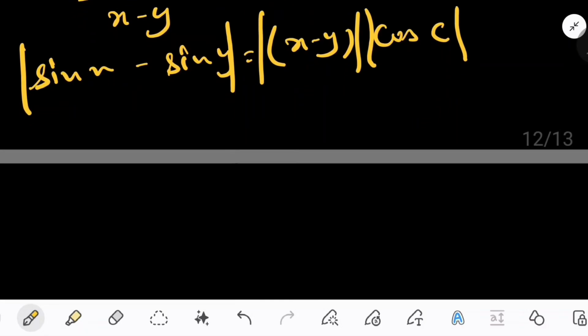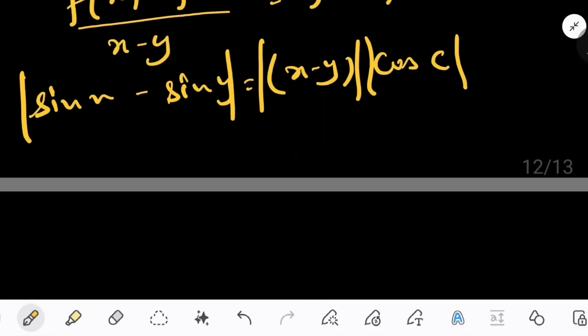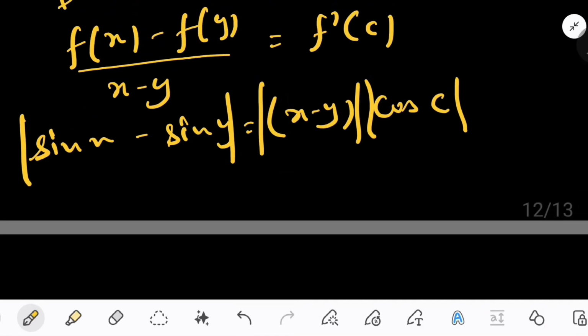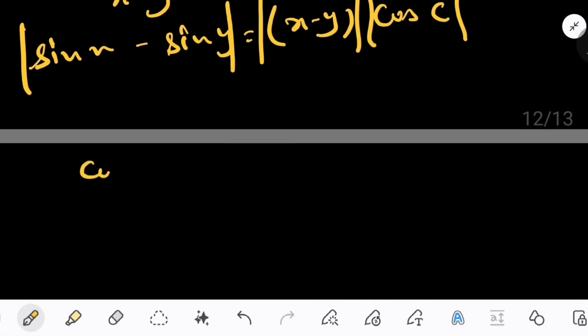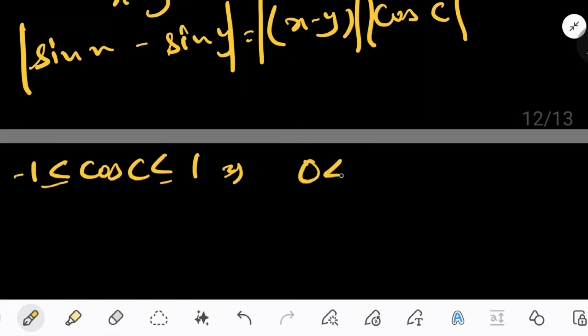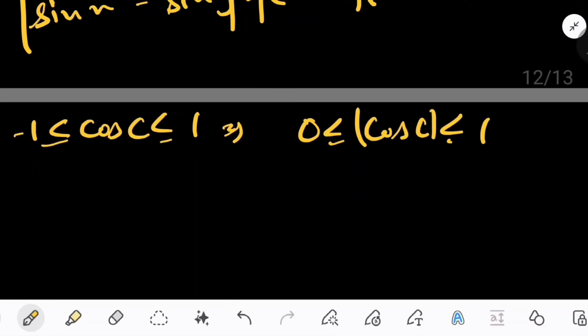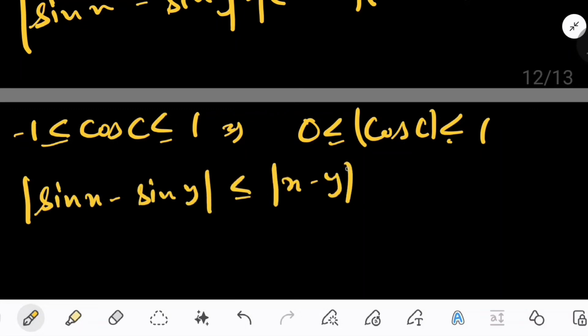Notice that cos of c lies between negative 1 to 1, and the mod will lie between 0 to 1, right? Okay. So just substitute this expression and you get that mod sine of x minus sine of y will be less than or equal to mod x minus y, since the maximum value of mod cos c is 1, right?